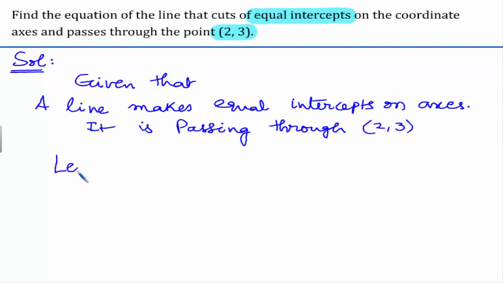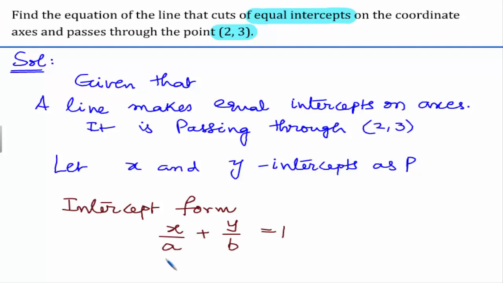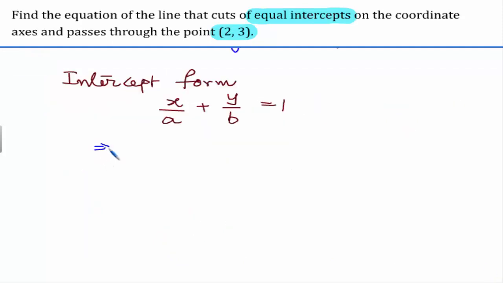Now let us assume that the x and y intercepts are p. The intercept form of the line is x by a plus y by b is 1, where a is the x intercept and b is the y intercept. In this case, both are equal to p, so the equation will be x by p plus y by p is equal to 1. That implies x plus y is equal to p.